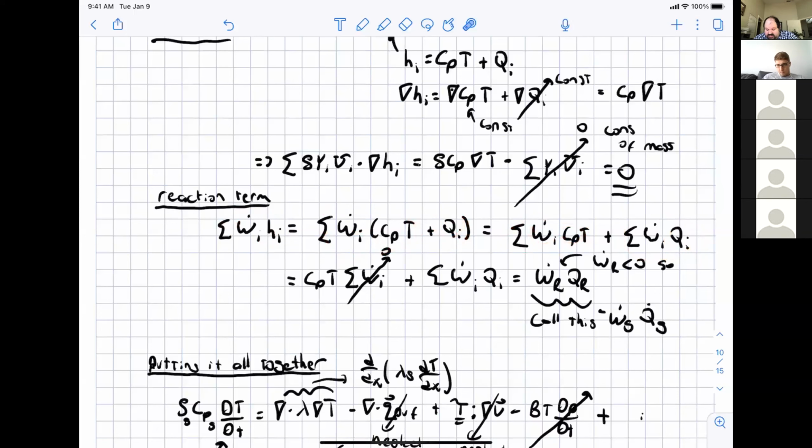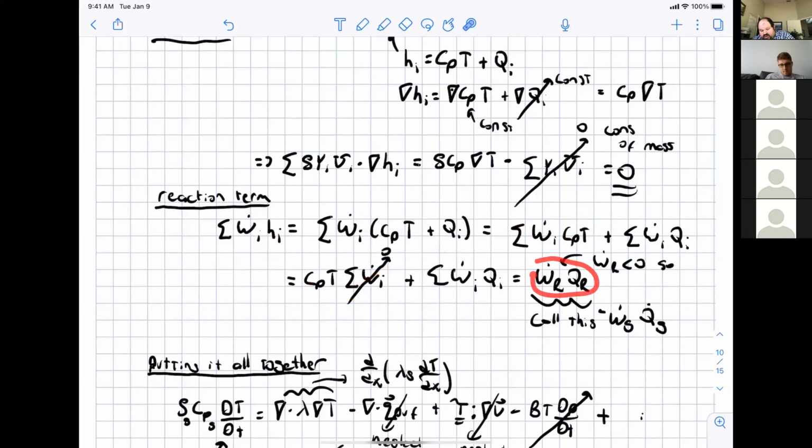Well, Cp and T are constant among all the species, so we can yank them out of the sum. Then we are left with Cp times T times the sum of the mass rate of production over all the species. Again, conservation of mass demands that that term is 0. So this term goes away, and all we are left with is the sum of the mass rates of production times the enthalpies of formation among all of the different species.